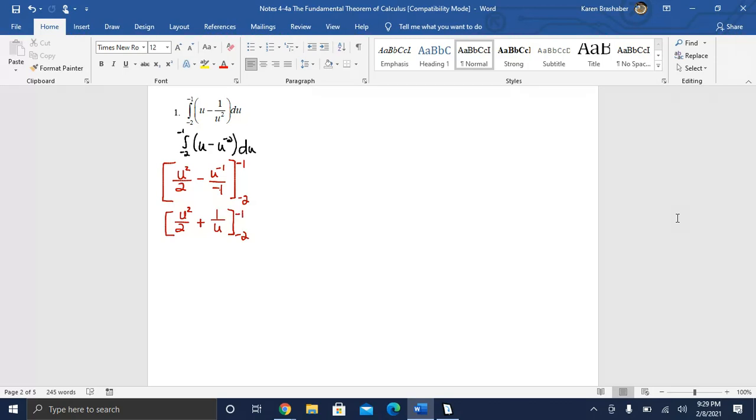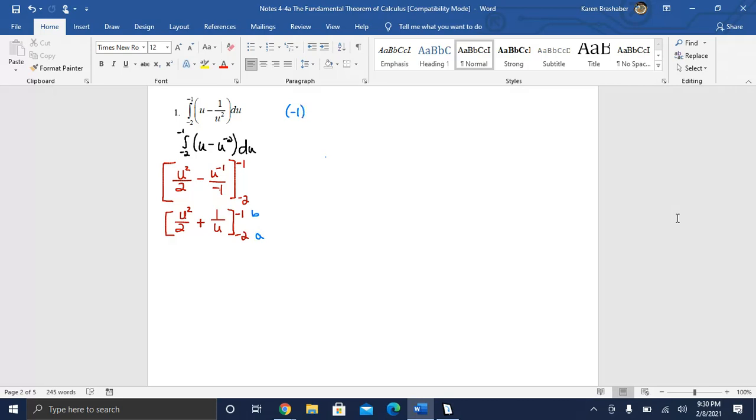So then next you're going to apply the fundamental theorem of calculus, which means you're going to substitute in your numbers. We substitute in the top one first. So it's F of b. So your b is the -1, your a is the -2.